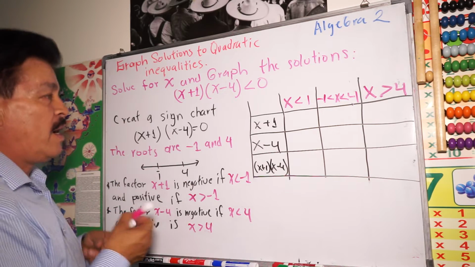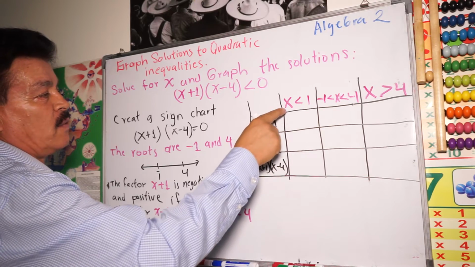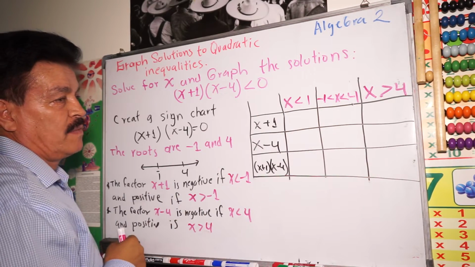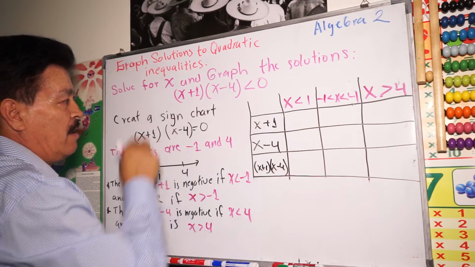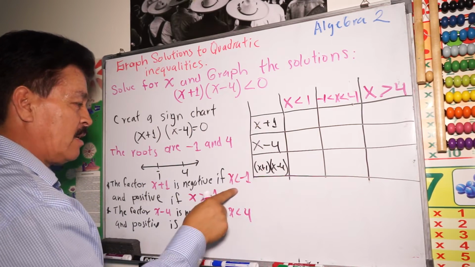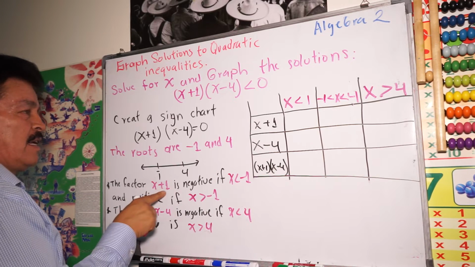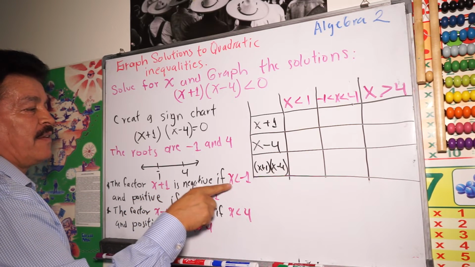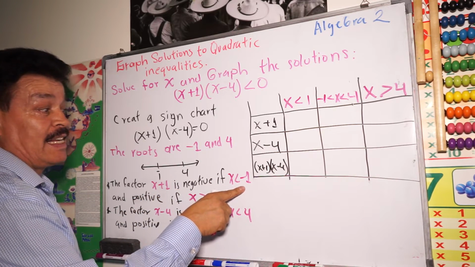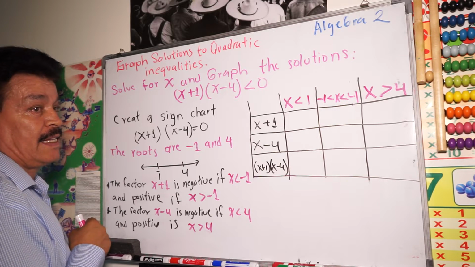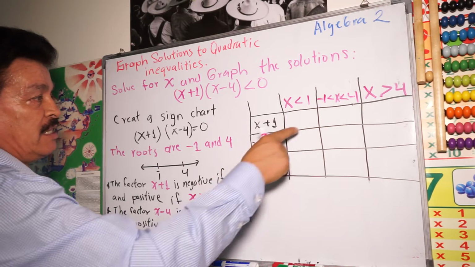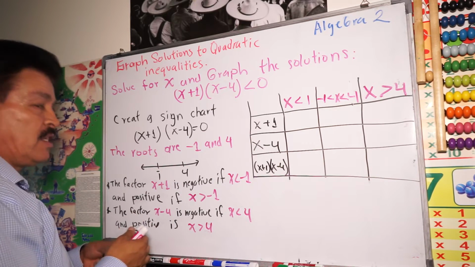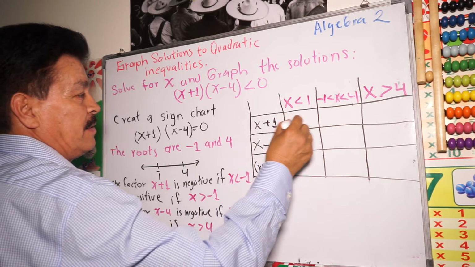So look at this information. What happened here? When x is less than negative 1, in the first factor, x plus 1 is negative if x is less than negative 1, right? So this means the first cell is going to be negative.